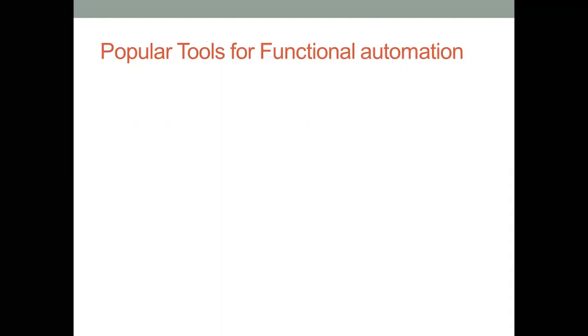Next, popular tools for functional automation. So tools are divided into two types. First are the functional automation tools, and second are non-functional automation tools.